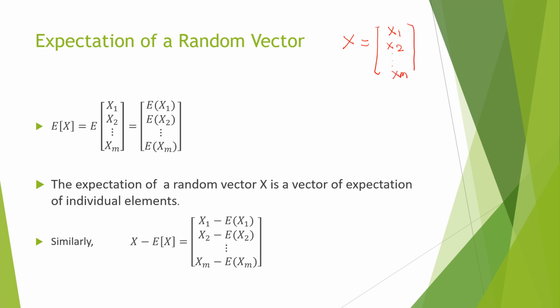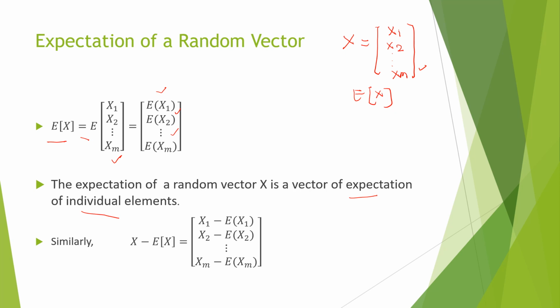Now we want expectation of random vector X. You take the mean value of each element of the random vector and arrange them in a column vector. So the expectation of a random vector is a vector of expectations of individual elements.